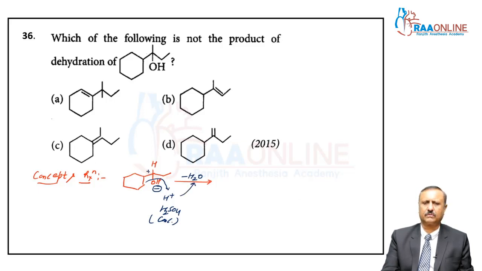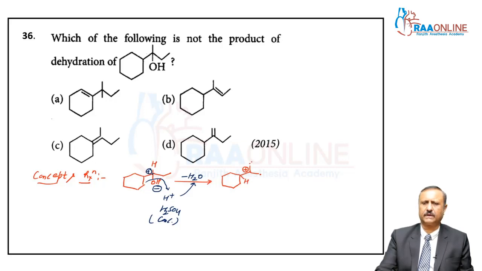Here my dear students, you develop this carbocation, a positive charge develops on this carbon atom. So you can see this carbocation is formed. Here my dear students, when this carbocation is formed, then H plus ions are removed from this side, or this side, or this side, because H plus ions are also present.